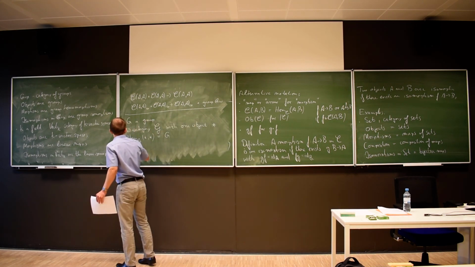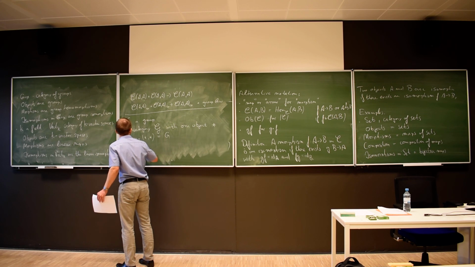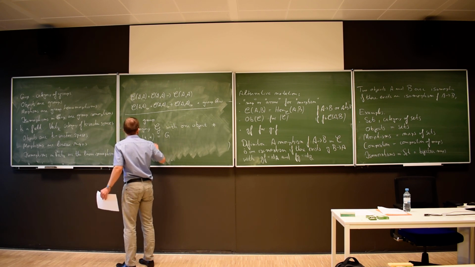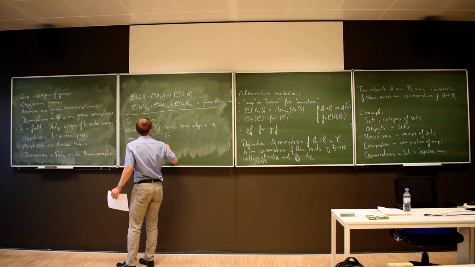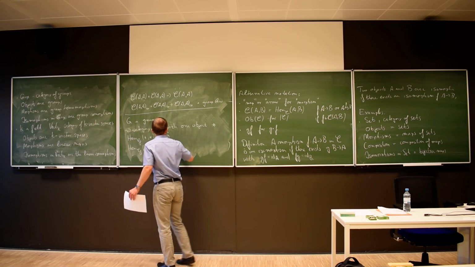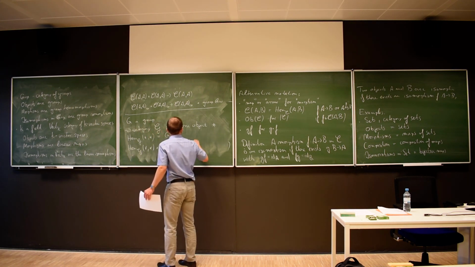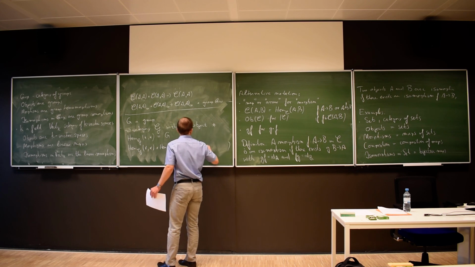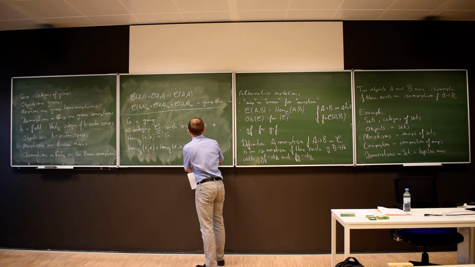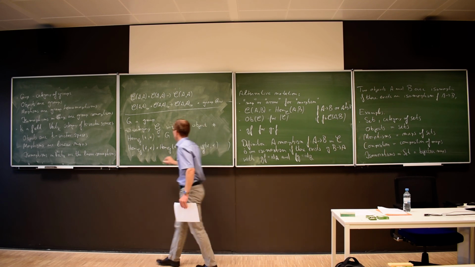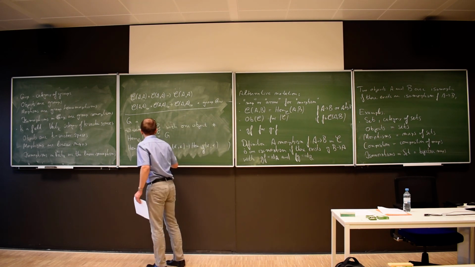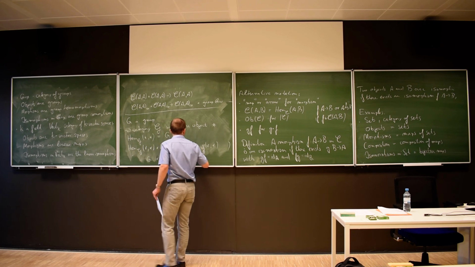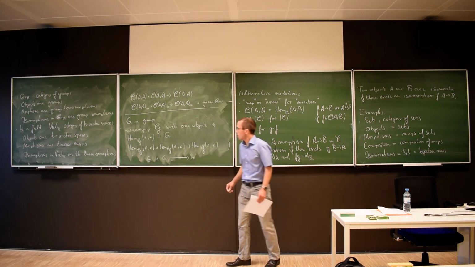So the composition law of homomorphisms in this category script G, that's now a map of this type. And this we just set to be the composition law in our group G.